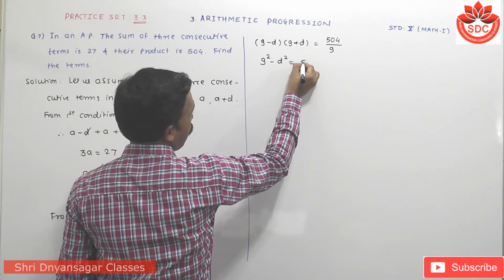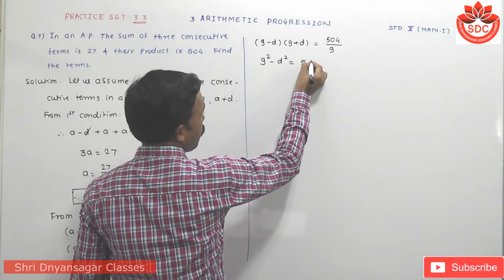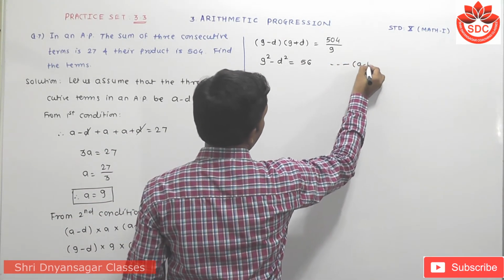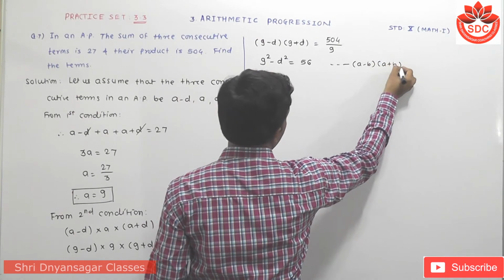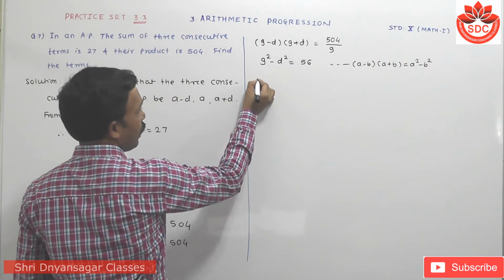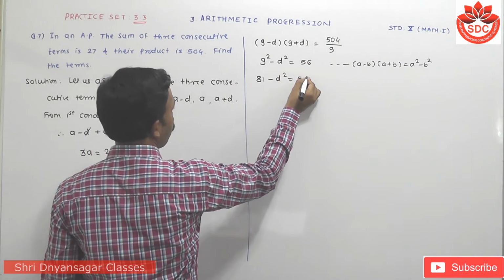9 5s are 45, carry 5. 9 6s are 54. Because we use a minus b into a plus b is equal to a square minus b square, then 81 minus d square is equal to 56.